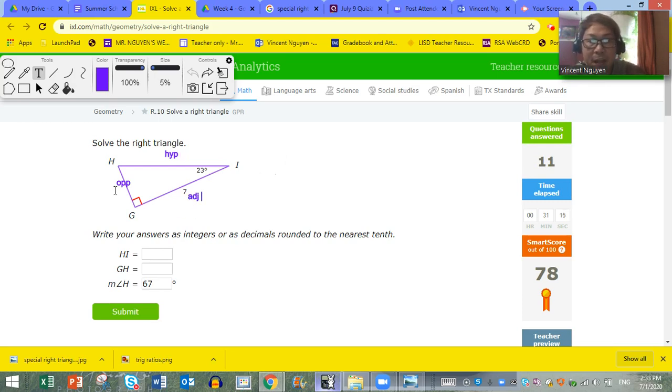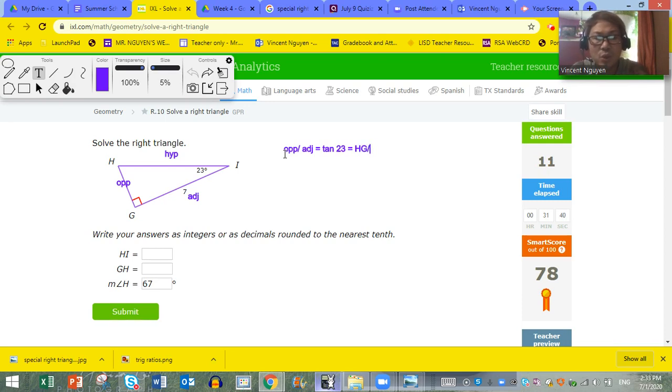To find HG, I have opposite over adjacent. I have to use 7, otherwise I can't solve this. Do you remember what function opposite over adjacent is? It's tangent. So tangent of 23 degrees equals opposite, which is HG, divided by 7.